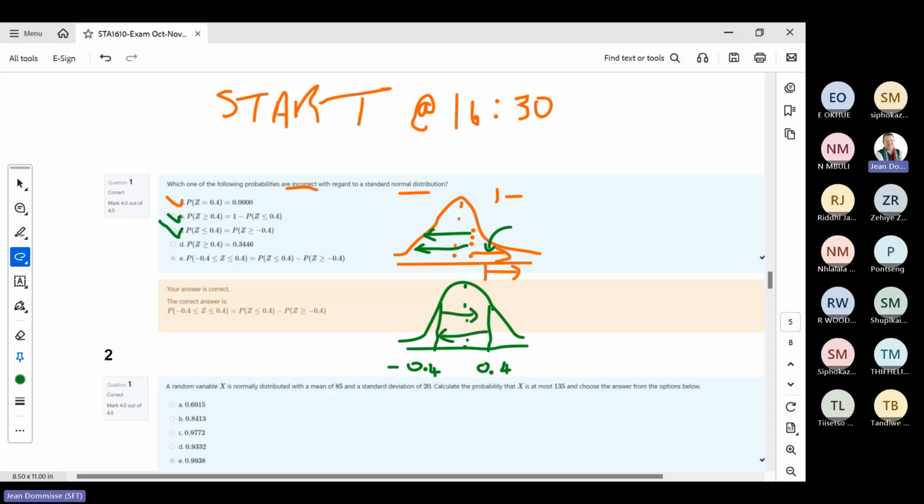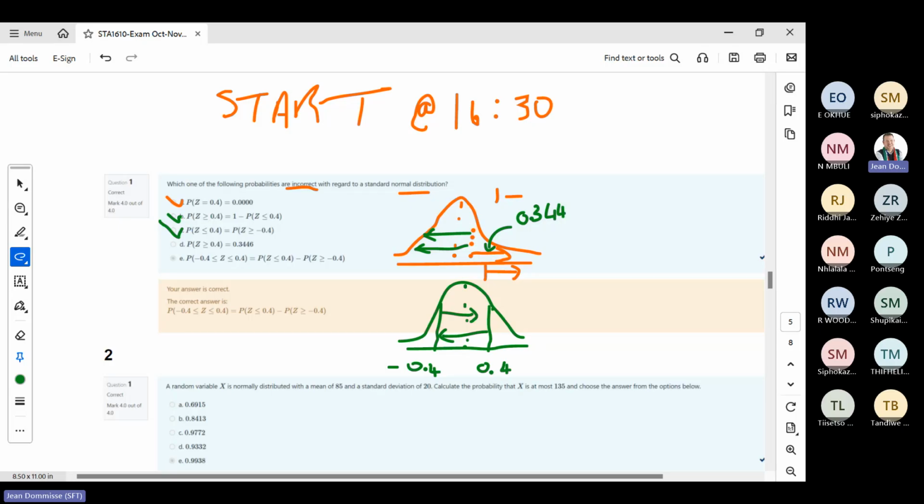If you go to your Z tables, your answer will be 0.3446.